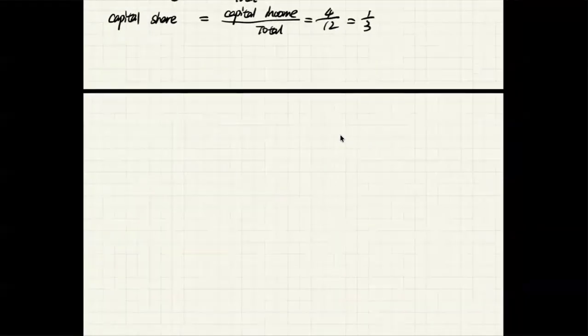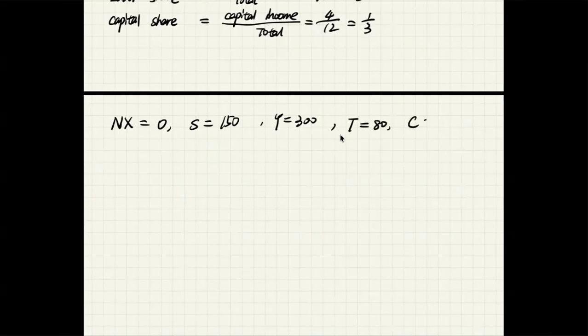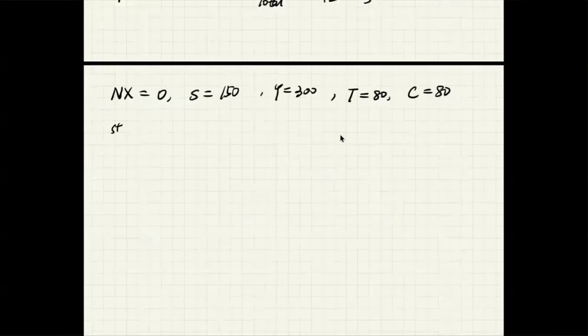And the third one, the public saving and government expenses. Now you know the net export is 0, S is 150, Y is 300, T is 80, consumption is 80. So the first step, you need to know what the private saving is.